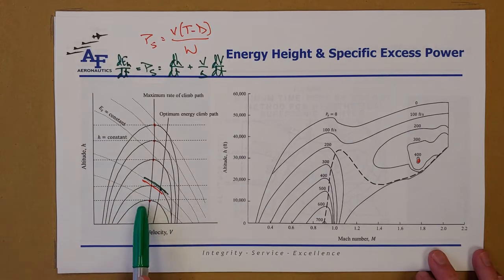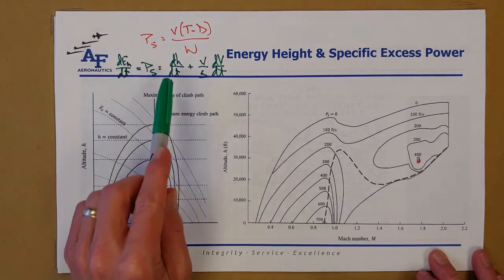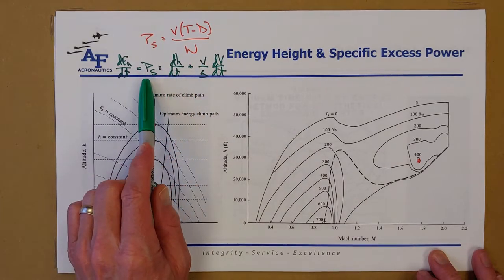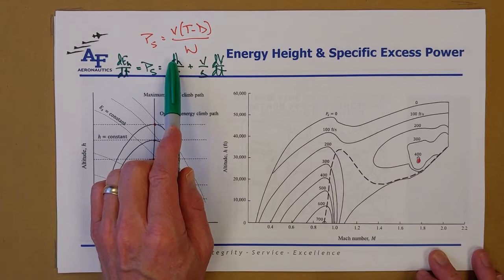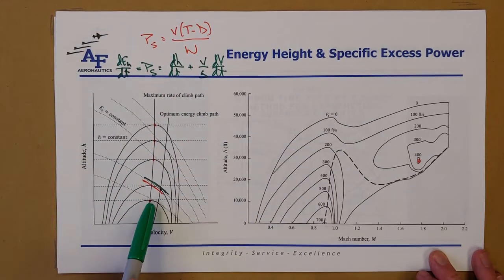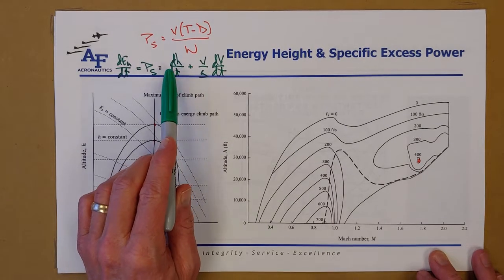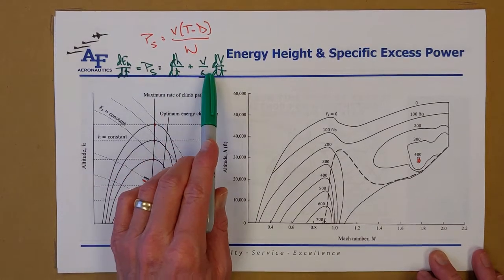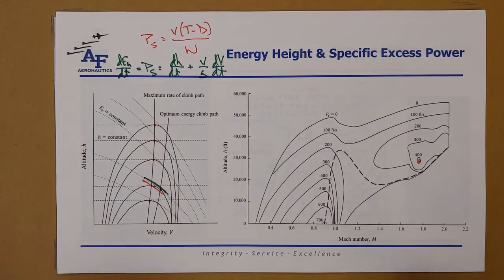There's points here at slower speeds where my dH/dt is greater. So at a constant P sub s, if I decrease my V, I can increase my dH/dt up to a point. So at slower speeds, you can achieve a greater rate of climb, but it's not going to be your greatest overall energy increase.